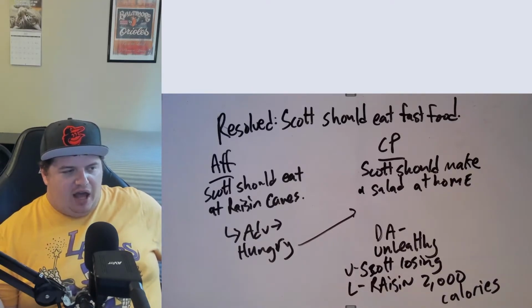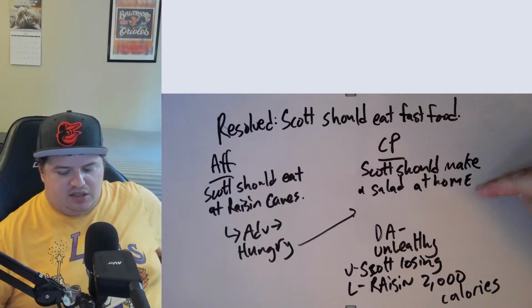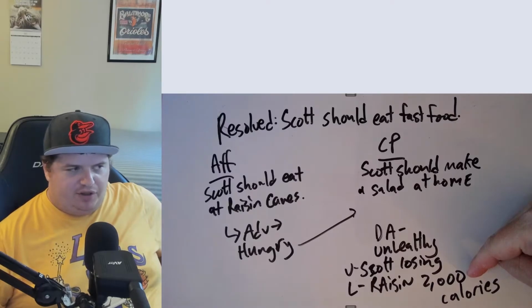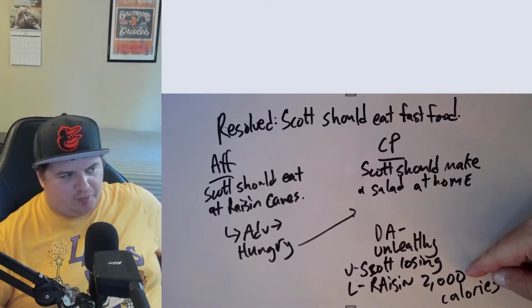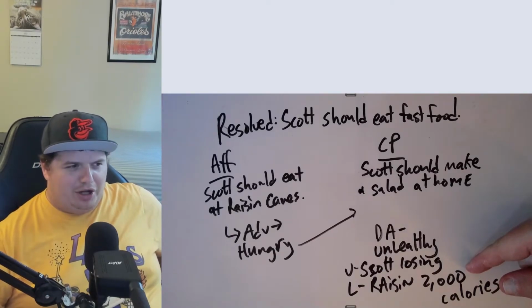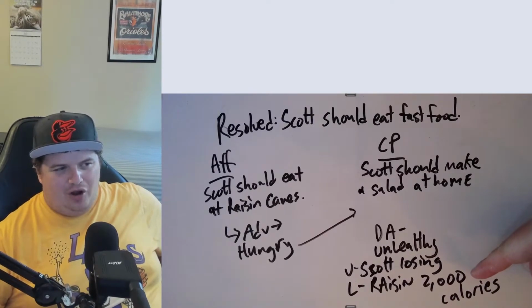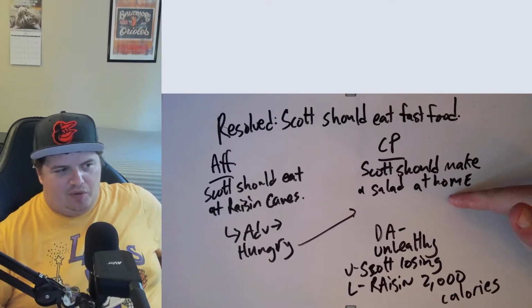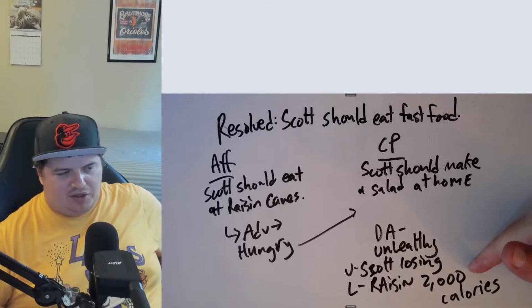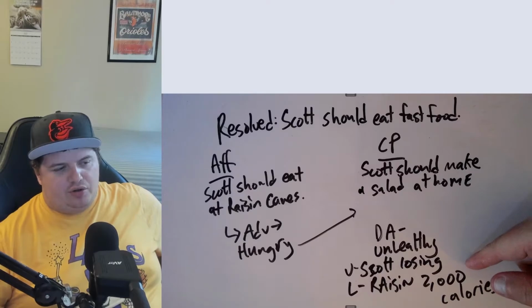The reason for that is that me eating a salad at home is probably never going to be 3,000 calories. I mean, it certainly could. I could pour the whole bottle of dressing and put a bunch of fried chicken in it. You can make really unhealthy salads. But hopefully if I'm eating a salad at home, it probably is not going to be 2,000 calories. So the counterplan is probably never going to cause this disadvantage to happen.